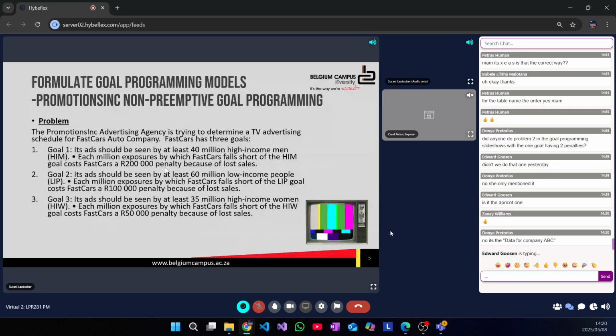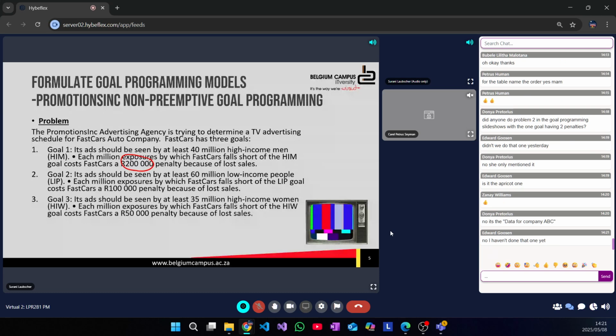100%. I'm not going to redo this one completely because that would be wasting some time, but I'm going to go through where that Z value, that canonical form, comes from, just so that you can see where it comes from, so that you have a way of checking. If you don't get it, skip it, and just study the Z then. But I'm going to say if you see this, do this. First things first, you should have picked up that for this goal, there was a penalty of 200,000, which means that's something I want to minimize, right?